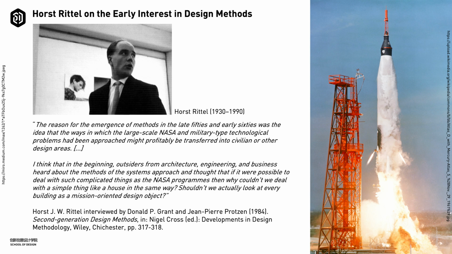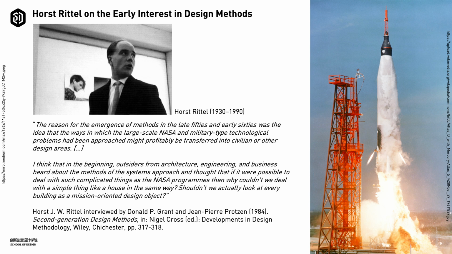So he's referring here to the systems approach, which is something that came out of the Air Force that basically broke technical projects down like a tree. We have a rocket that's supposed to go to the moon, let's say, and in order to do that, it has to fulfill 5 main functions. It has to be able to propel itself, it has to be able to communicate, it has to be able to sustain life. So we need subsystems for all of these functions.